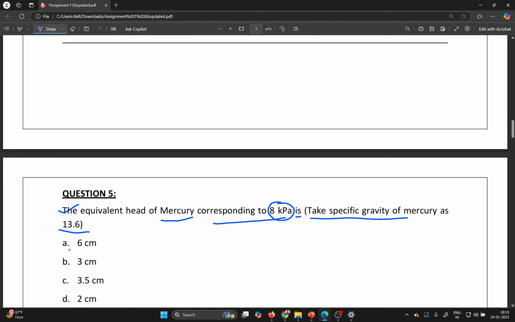Which option is correct, A, B, C, D? Option A is 6 centimeter, option B is 3 centimeter, option C is 3.5 centimeter, and option D is 2 centimeter. So here you need to give the answer, the equivalent head of mercury corresponding to 8 kilopascal.